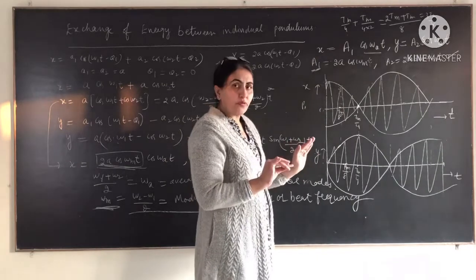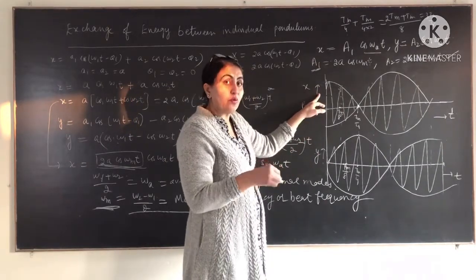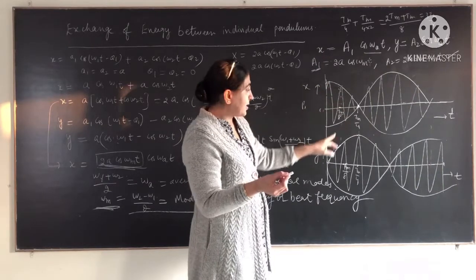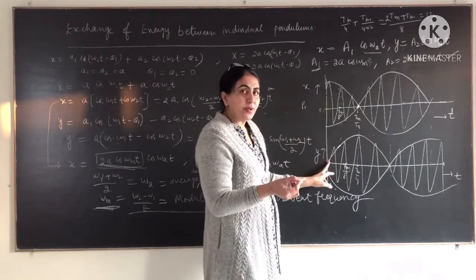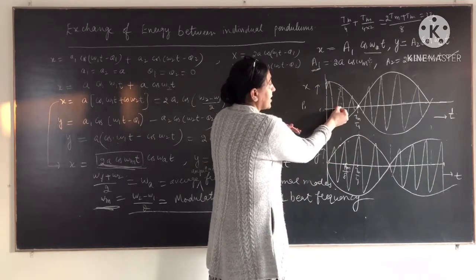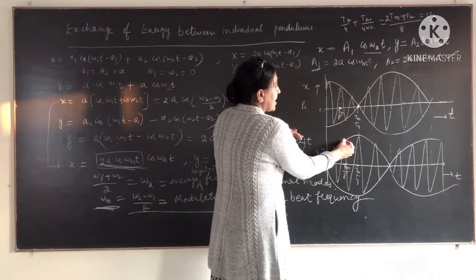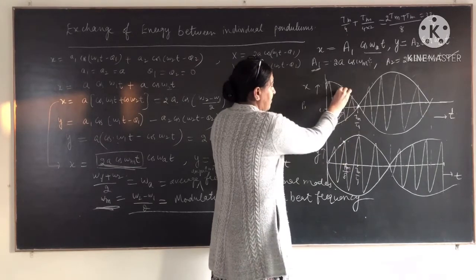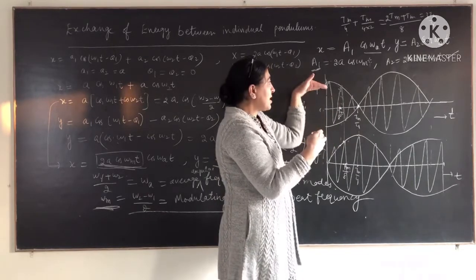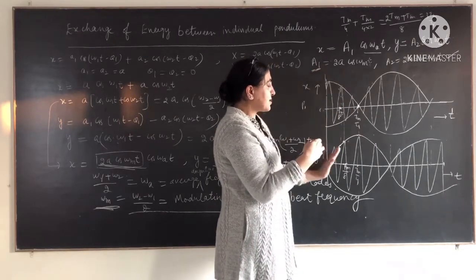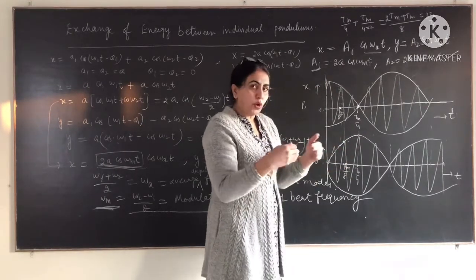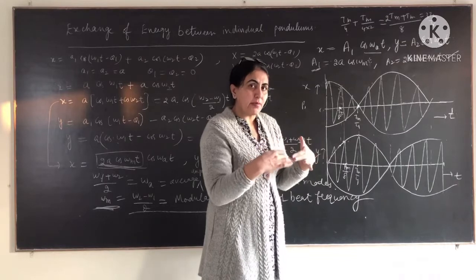But with the passage of time, the energy of the first pendulum, which had maximum energy previously, goes on decreasing, and the energy of this pendulum goes on increasing. At Tm by 8, amplitudes are the same, meaning they have the same energy, because the energy of this is decreasing and this is increasing. At that time, Tm by 8, both pendulums have the same energy.